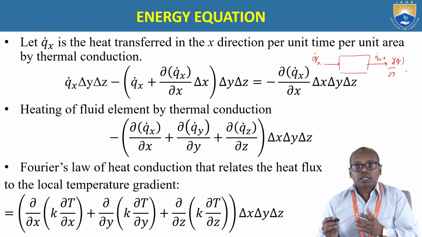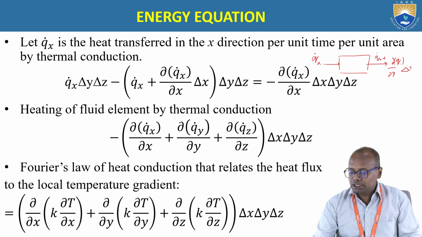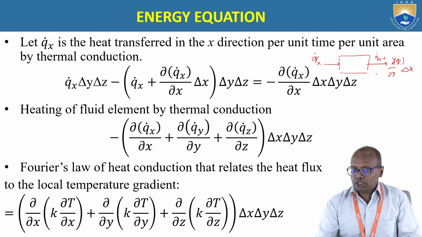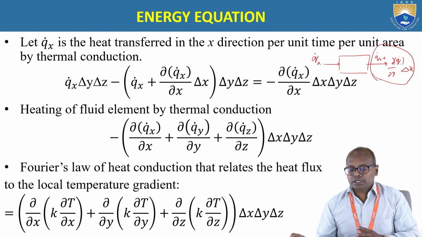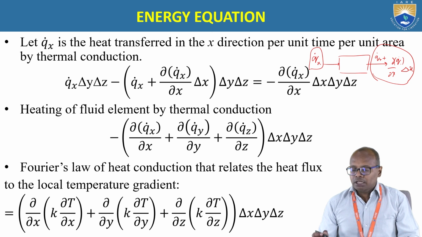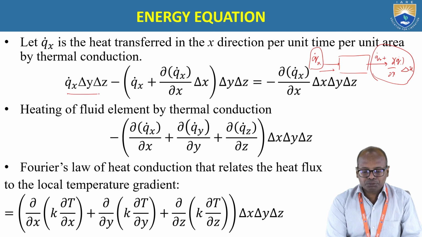So this is the change in heat transfer per unit length, so the total change is into delta x. This is the total heat transfer rate on the right face, and this is the total heat transfer rate on the left face. The left face one is acting in a positive x direction, so it is positive.